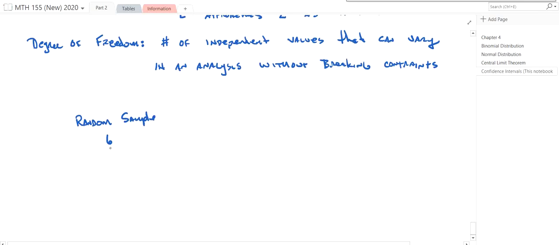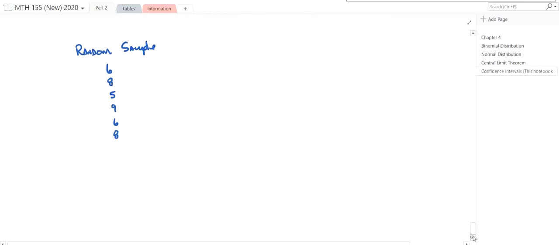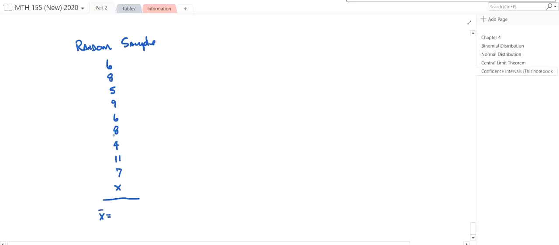So I have 6, I have 8, I have 5, I have 9, I have 6, I have 8, 4, 11, 7, and then I have a value which we don't know, which I'm going to call x. And when I sum all these up, because I know what the mean is, let's say that I know that the mean of this sample is 6.9.